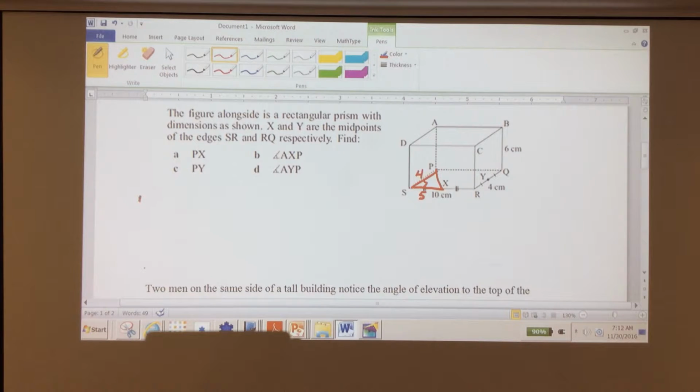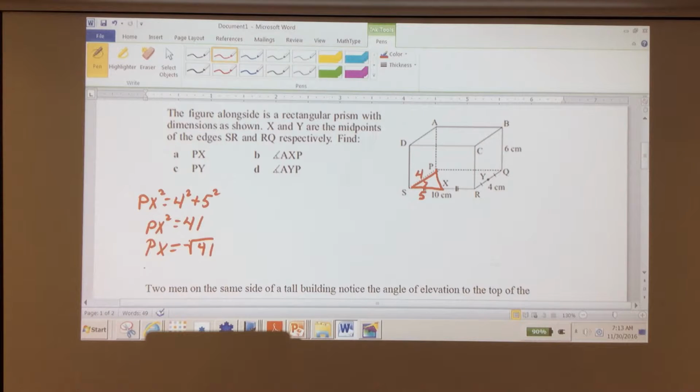So we know that PX squared equals 4 squared plus 5 squared, which is 16 plus 25, which is 41. So PX squared equals 41. PX equals the square root of 41.